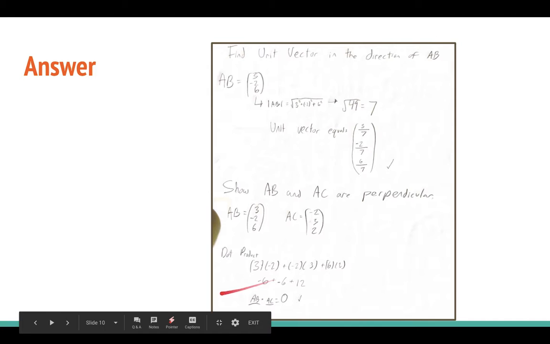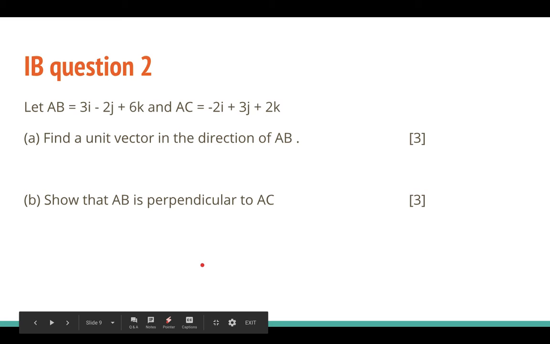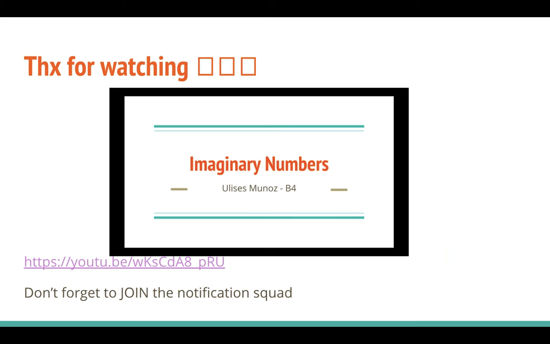Simplify further down, and we get the answer 0, which shows that they are perpendicular. With the word show, you have to show it. It's gonna be perpendicular. So with that in mind, you have to get 0, or else you're not doing it right.